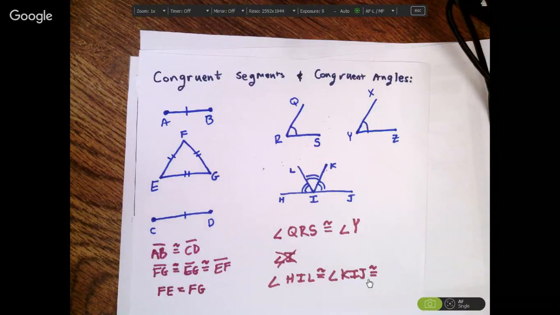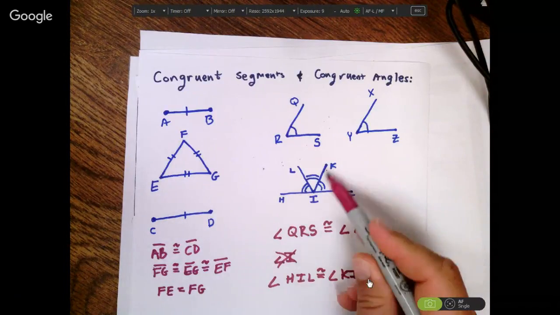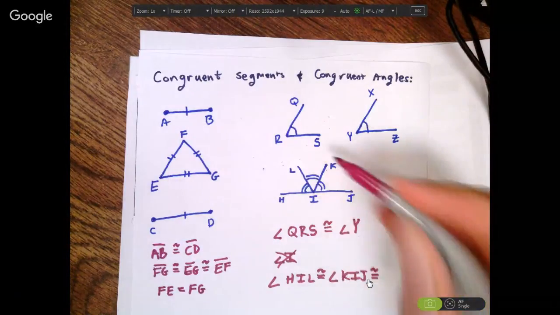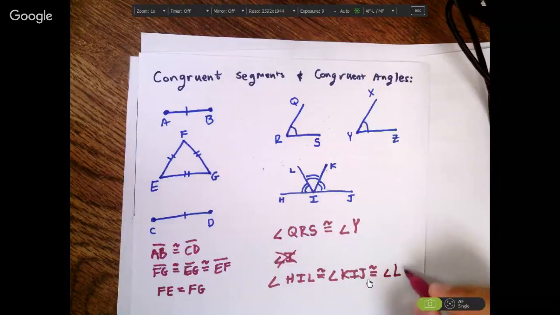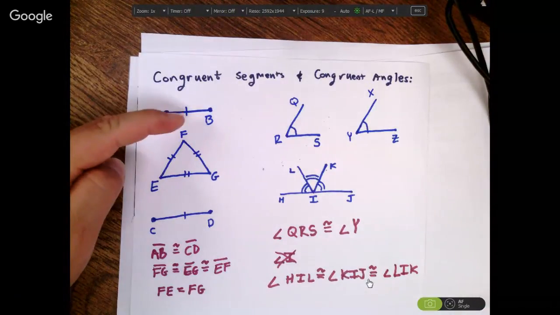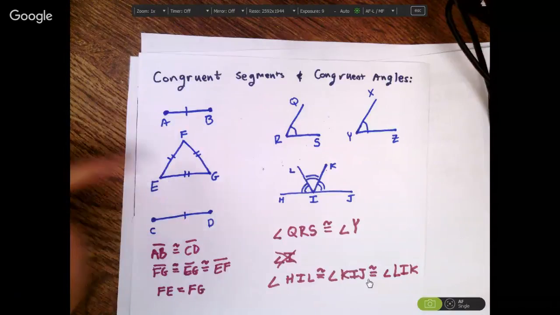It wouldn't be HIK because that would be this big angle. LIK. Okay. So really, we just need to know that notation. The one dash would mean anywhere else we see that one dash, those are the same, or two dashes.